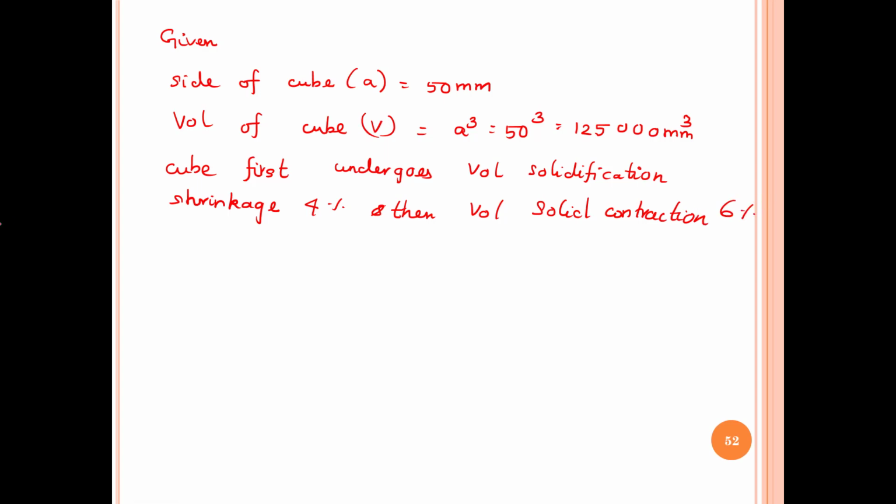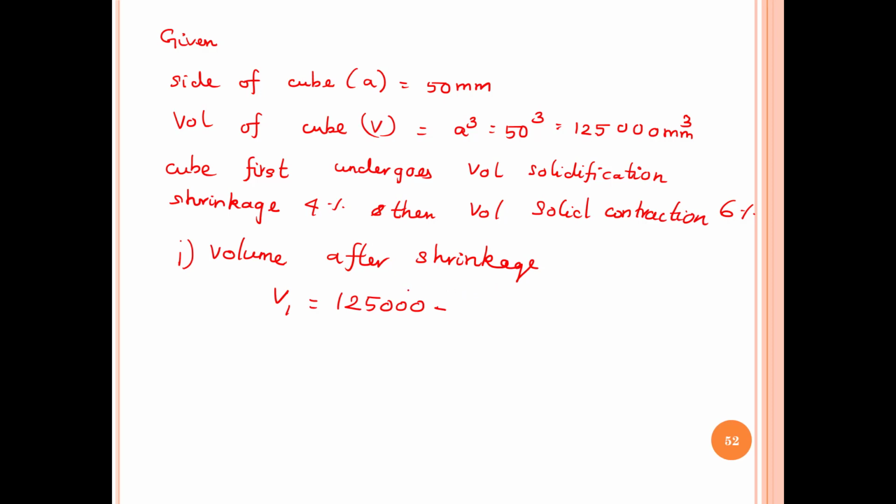Okay, first we have to find out the volume after shrinkage. For that, V1 equals 125,000 minus the volume after shrinkage. Now we are going to calculate.